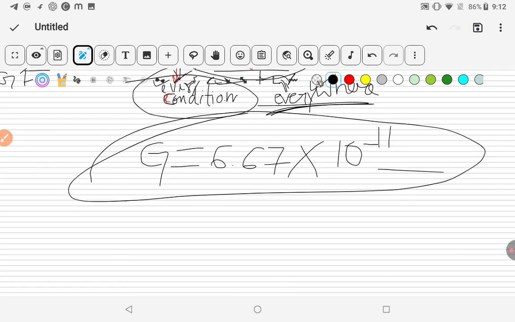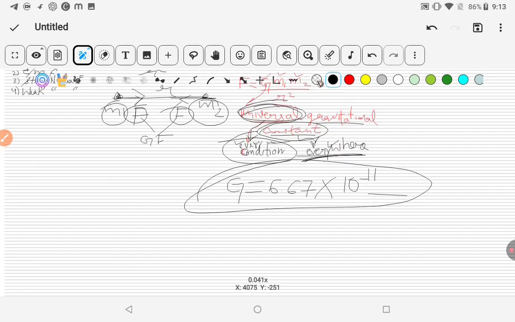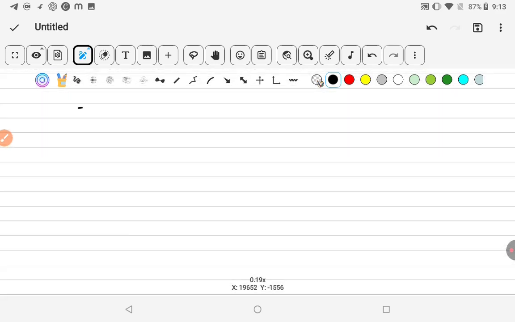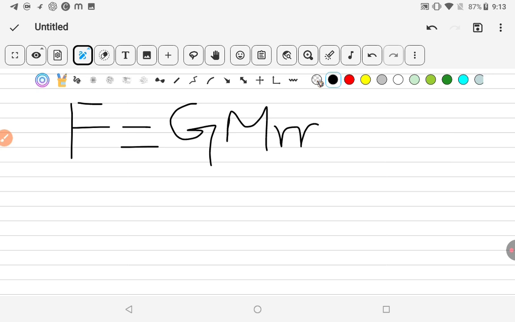You know what, actually the formula for this gravitational force was before something like this: F equals G, big M and small m, where M is the mass of Earth and m is the mass of some body or object near the Earth's surface, upon (R plus h) whole square.